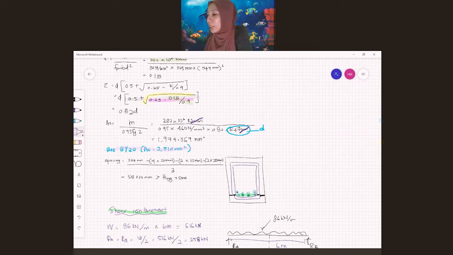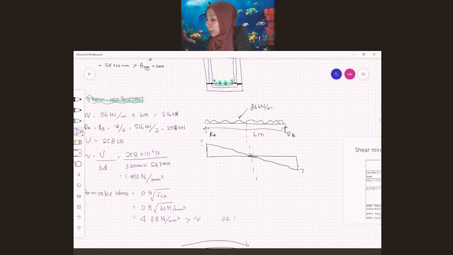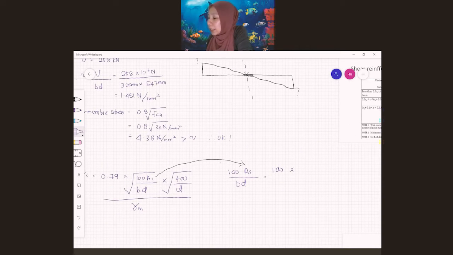Kalau in structure lah, kita akan panggil yang kita dapat masa kita calculate AS ni AS provided. AS required, you required as much as 1974.369. But you provide bigger, which is 2510. So this one adalah AS provided. So use AS provided untuk calculate this 100 AS divided by BD.